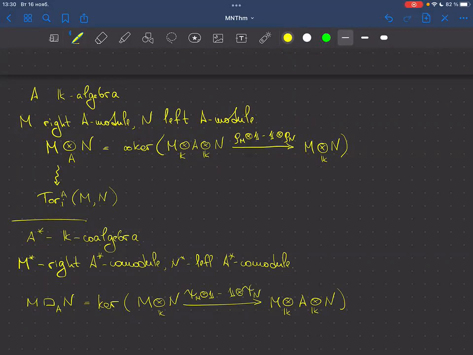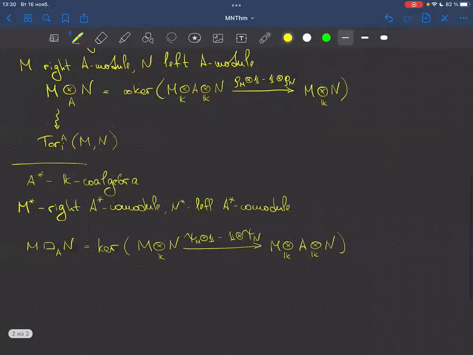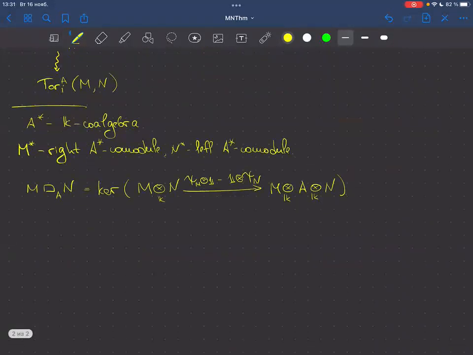Great. So this is a left exact functor, and we have its derived functors. Let me write the definition.